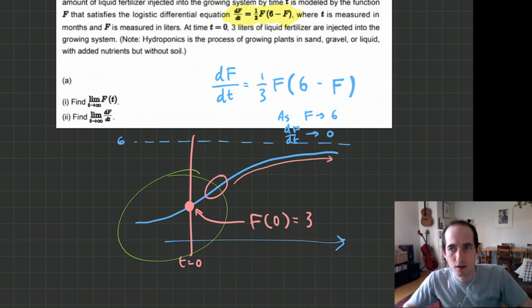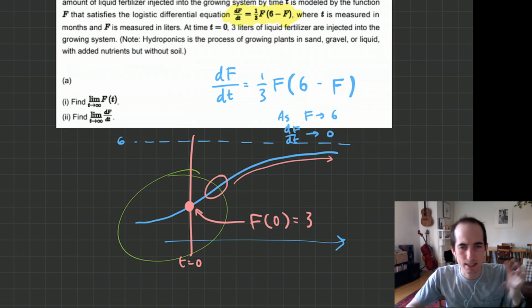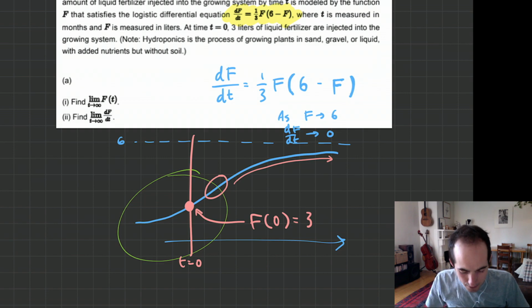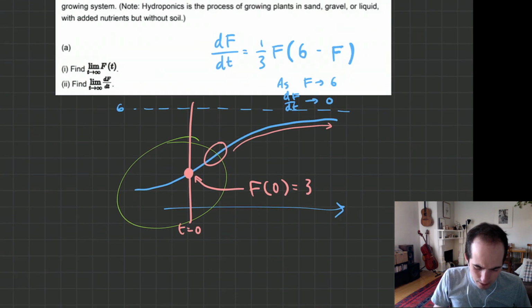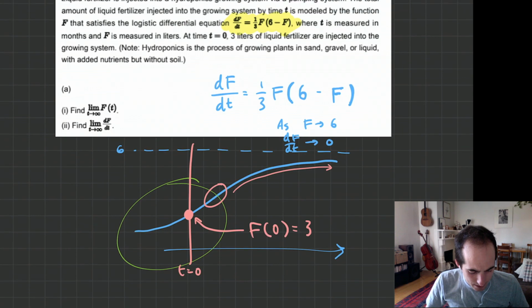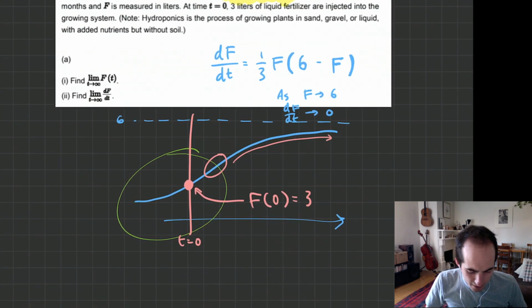You get this weird upside down exponential function, and it looks really messy. I'm not sure if you remember that, but it was one of the equations that I did ask you to memorize. So if you didn't know anything about the logistic equation, you'd probably have a very difficult time calculating the limit as t approaches infinity of f of t.